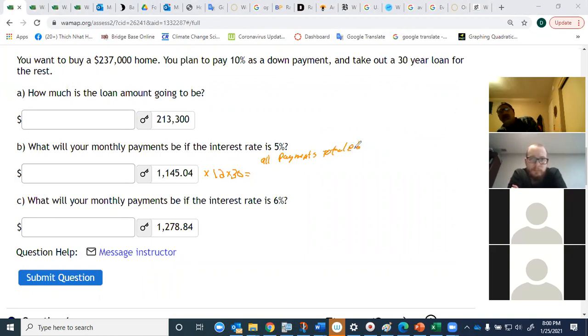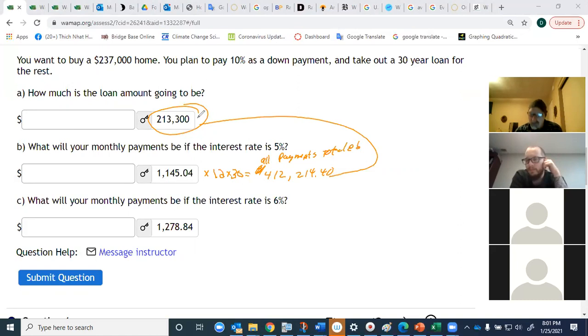Well, it was really nice when we were doing the investing, and all that time we were making all that interest. Well, now you borrowed money from somebody else and they're going to be making all the interest. You owed them $213,000 and you're going to end up paying $412,214.40 if you want to be persnickety. But look at that. That's approximately $200,000 difference, right? That's interest that you're going to pay.